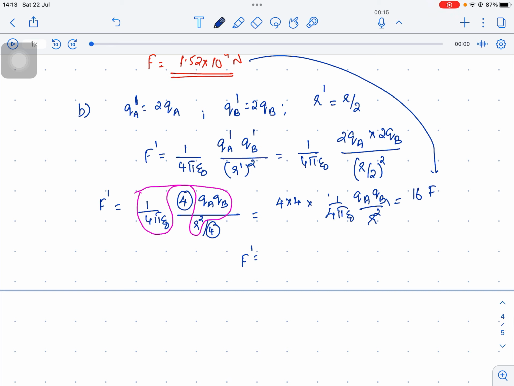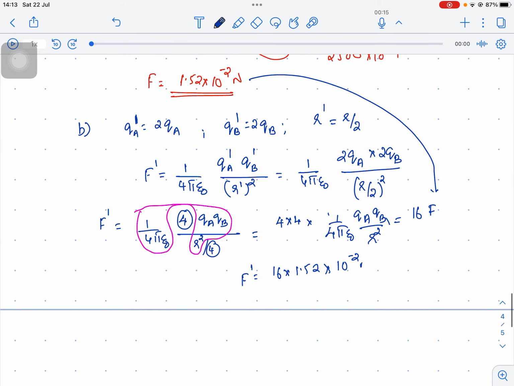So F dash is equal to 16 times 1.52 into 10 to the power minus 2 Newton, that is 16 into 1.52, it will be around 24.32 into 10 to the power minus 2 Newton. So this is the force after doubling the charges and reducing the distance by half. Thank you.